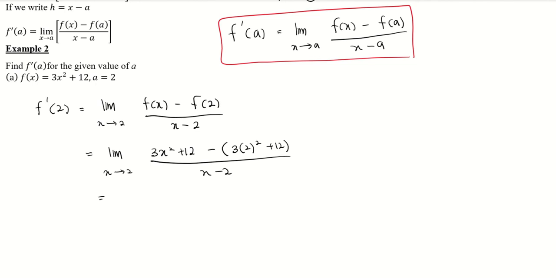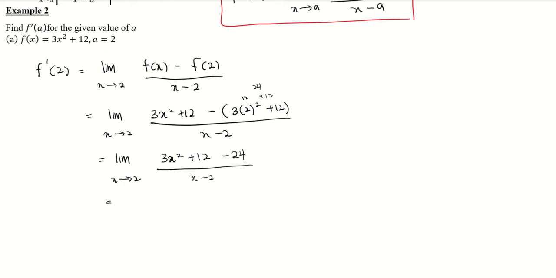If we simplify this, 3 times 2 squared is 12, plus 12 is 24, so minus 24. And we still can simplify this: the limit of x approaches 2 of 3x squared minus 12 over x minus 2.